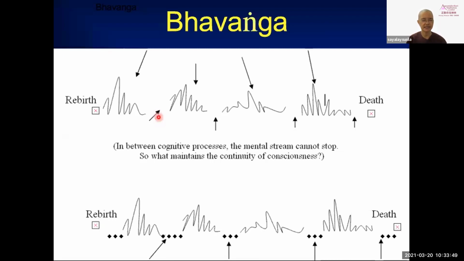So they temporarily enter into the attainment of cessation, where the mental stream is temporarily cut off. Only under these two situations can the mental stream be temporarily or permanently cut off. The rest of the time, it must flow on continuously.